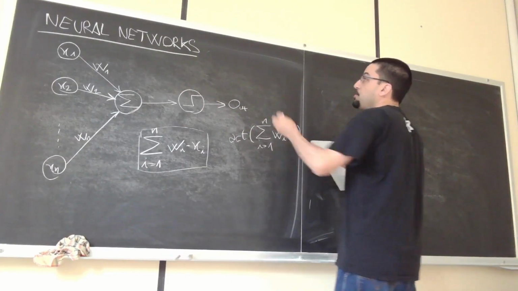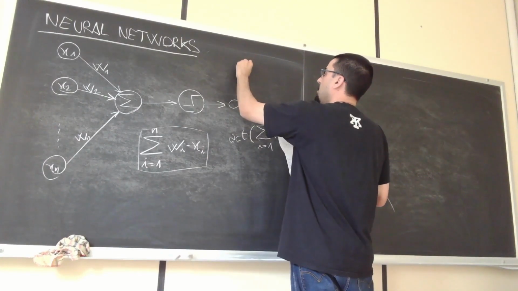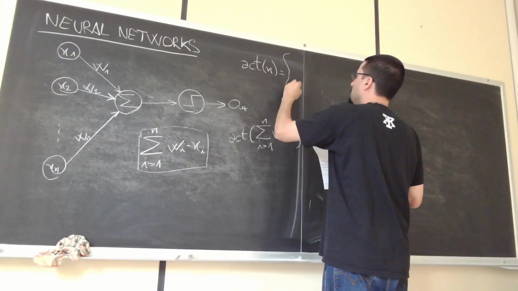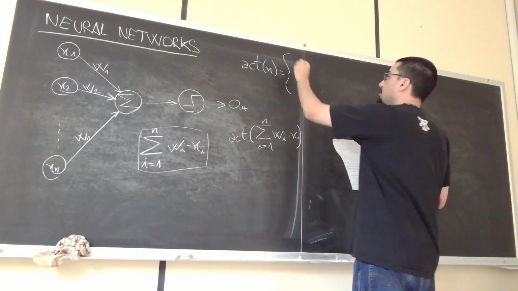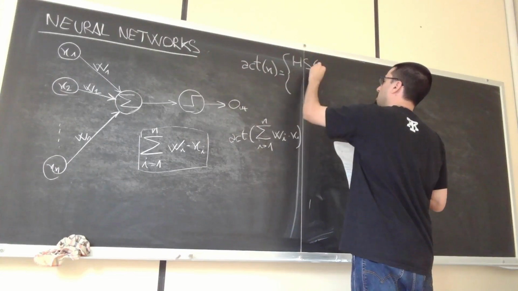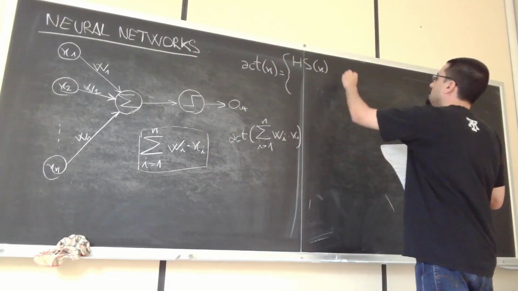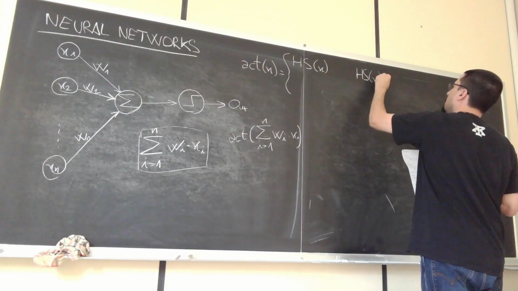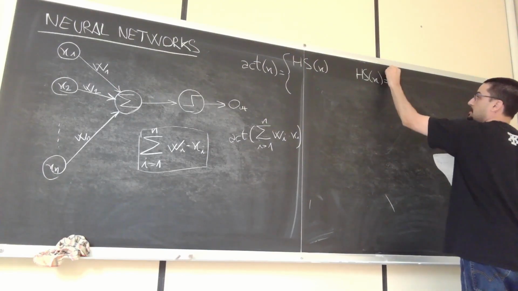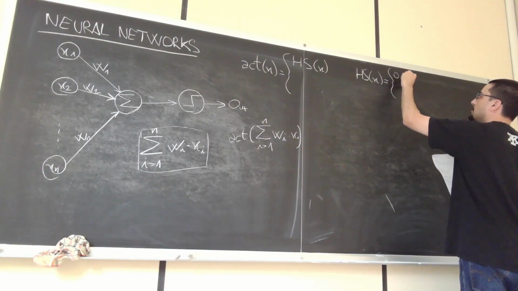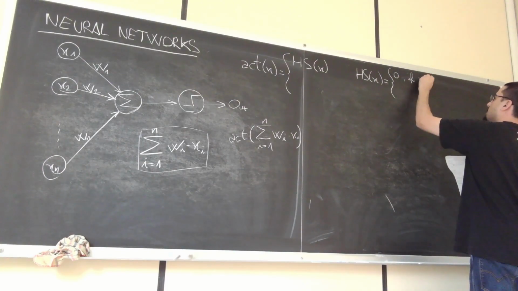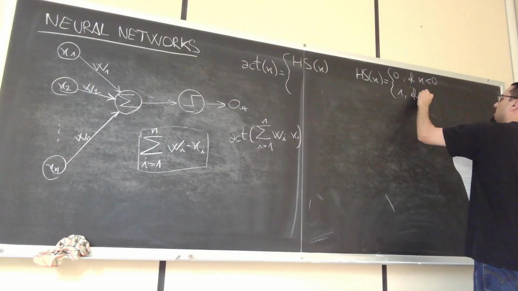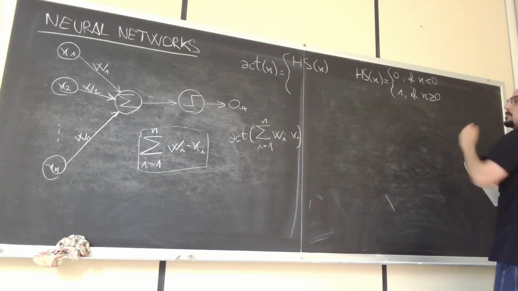The activation functions can be many. Historically, artificial neurons were studied with what is called the Heaviside function, hs of x, which is a piecewise constant function that is 0 if x is smaller than 0, and 1 if x is greater than or equal to 0.